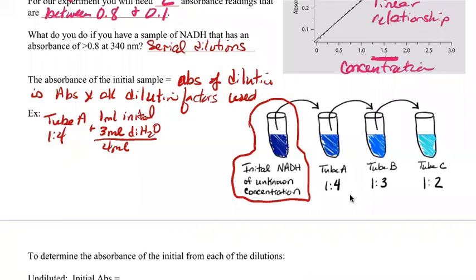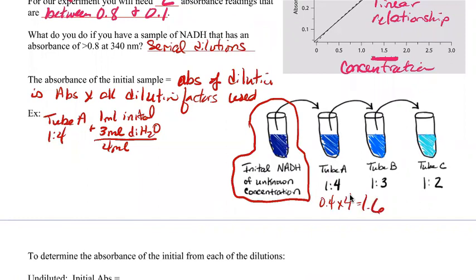That's my tube A. If I take an absorbance reading of tube A and I get an absorbance of 0.4, then I'm going to multiply by 4, and that's going to give me my initial NADH absorbance of 1.6. Simple math, okay?